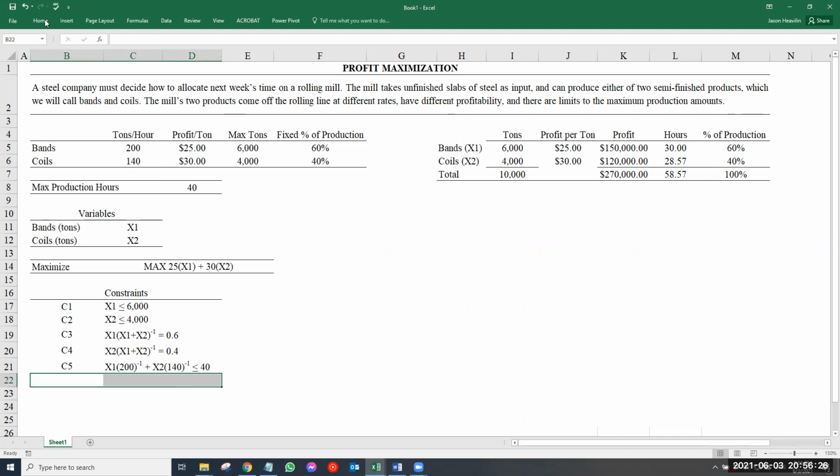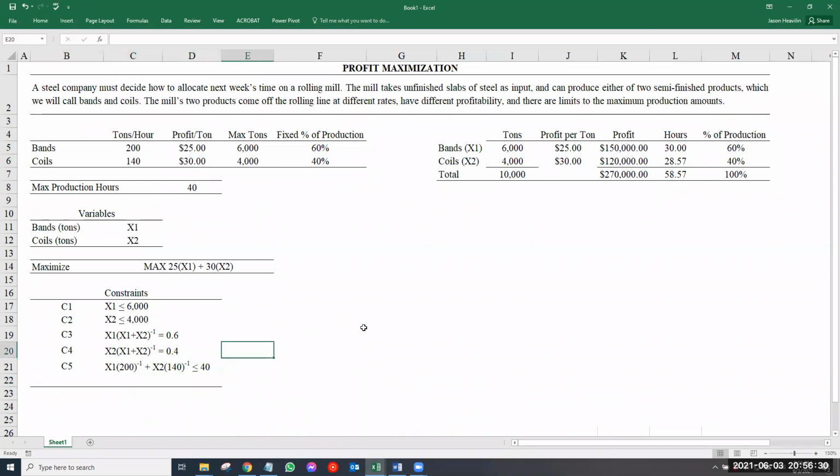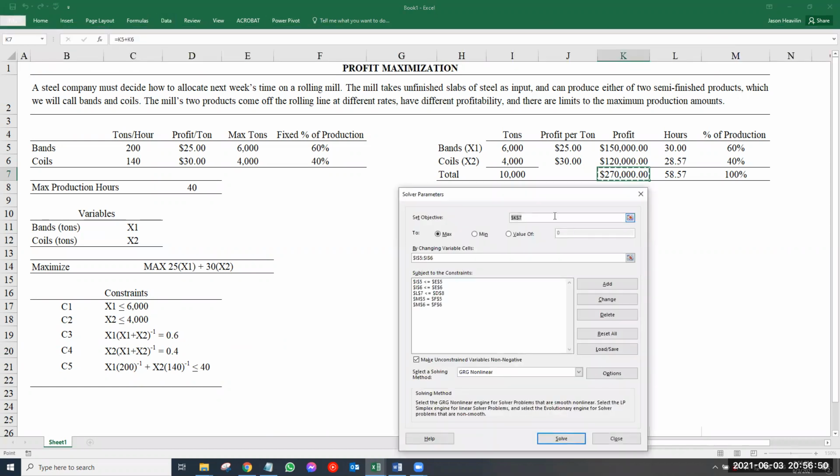So this is just to get the data organized and make sure that we understand everything that's going on. We have covered all the constraints and limitations. Now we can use Solver to figure out the highest number we can achieve here while not breaking these rules. Go to Data, Solver, and let me go and clear it because I had it already.